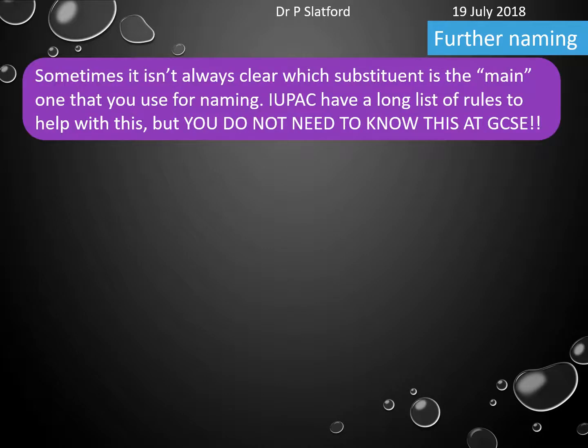There are, however, complications because there are some structures or some functional groups that take a precedence over others. And what I want to say for you right now is this is not required at GCSE, okay? But if I gave you this molecule, it's got both a carboxylic acid group and an alcohol group, okay?